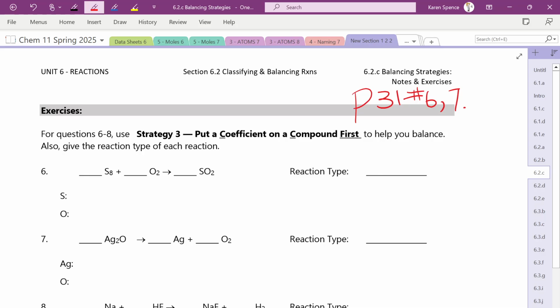This one, okay. So I will start. Let's start with phosphorus.